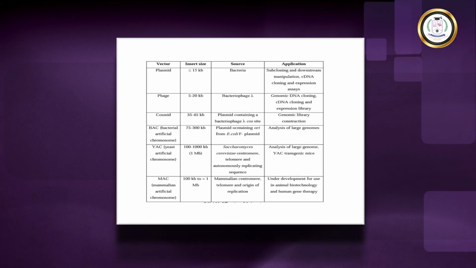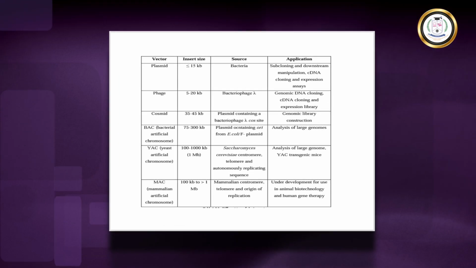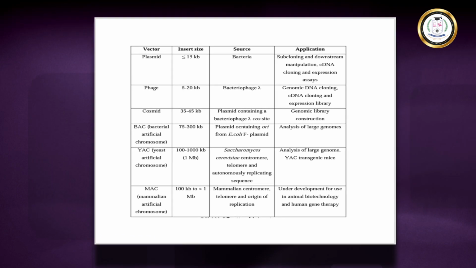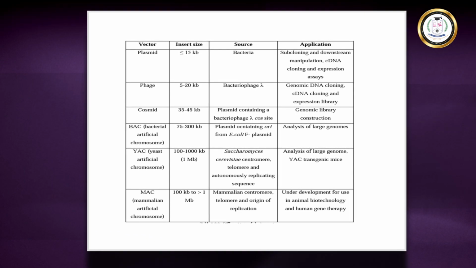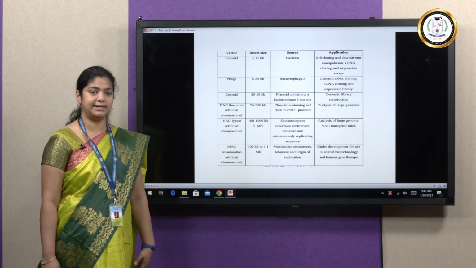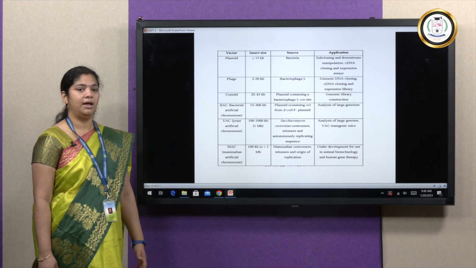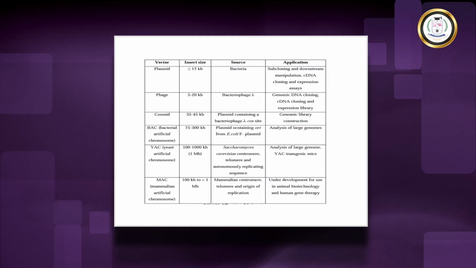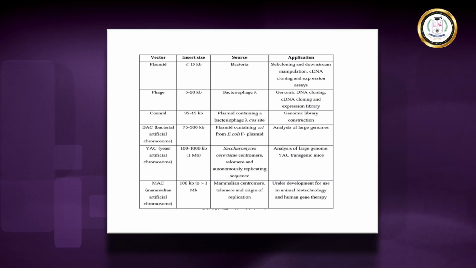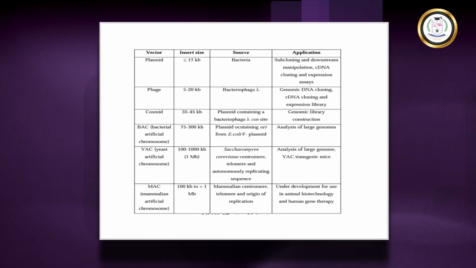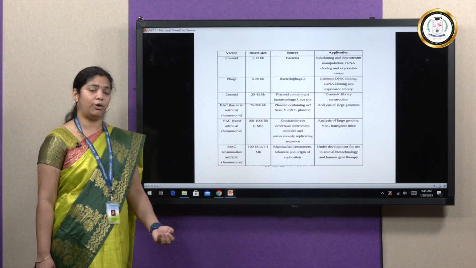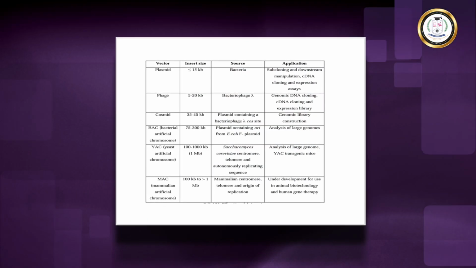Compared to plasmids, we have other vectors, which include phage, cosmid, bacterial artificial chromosome, yeast artificial chromosome and mammalian artificial chromosome. To clone large DNA segments, more than 1000 base pairs, people generally go for other vectors compared to plasmids, which include BAC, YAC and mammalian artificial chromosome. In this case you can use higher base pairs, a bigger gene of interest, and it is also used for post-translational modification.